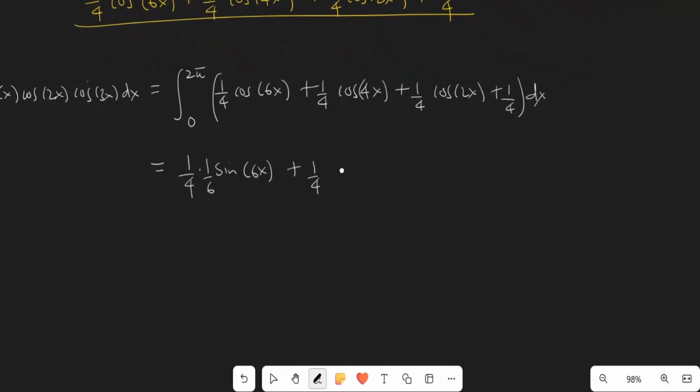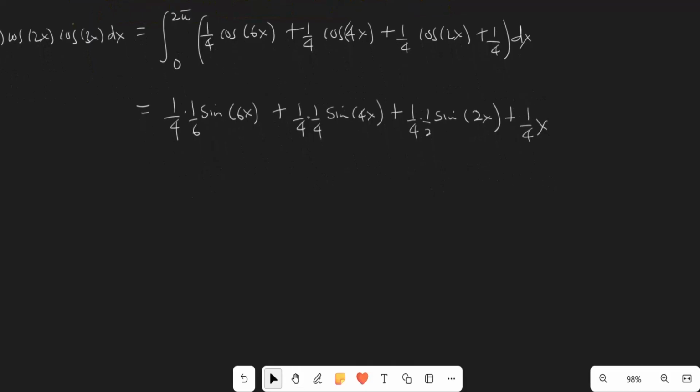Plus 1/4 sine of 4x. Then we differentiate the angle, which is 4, and we divide like this. Plus 1/4 sine of 2x. Then we differentiate the angle, which is 2, and we divide, plus 1/4 x, like that.